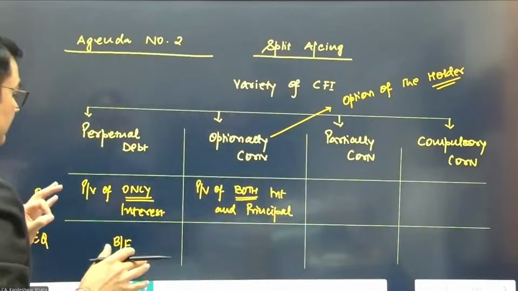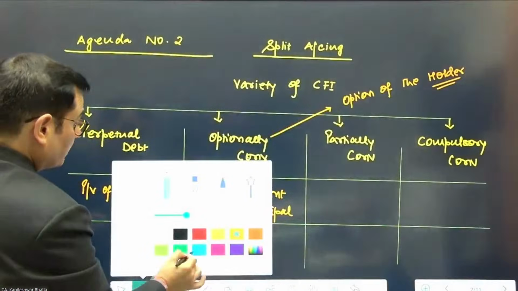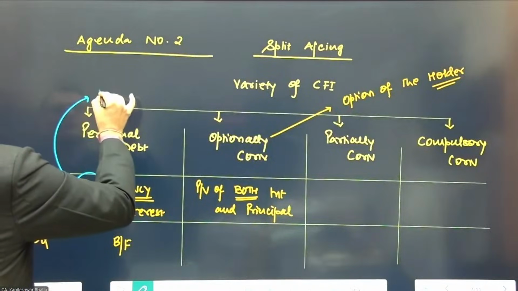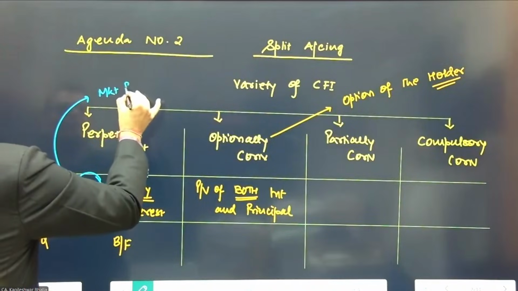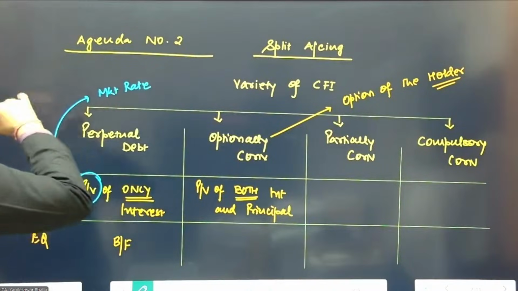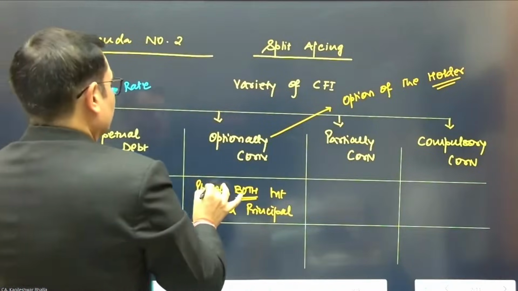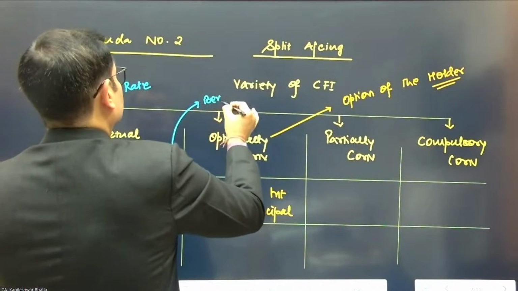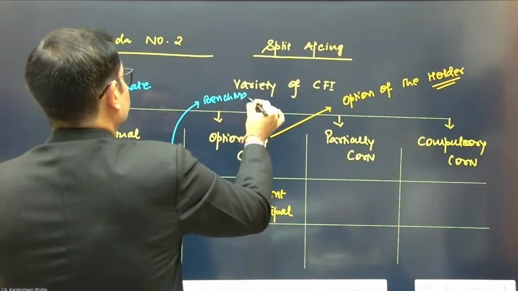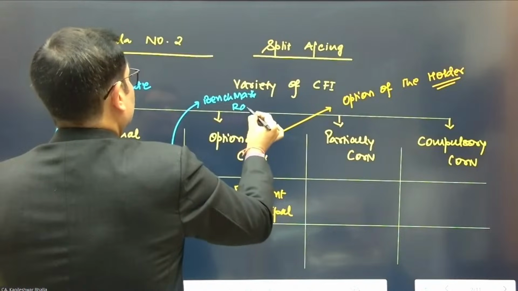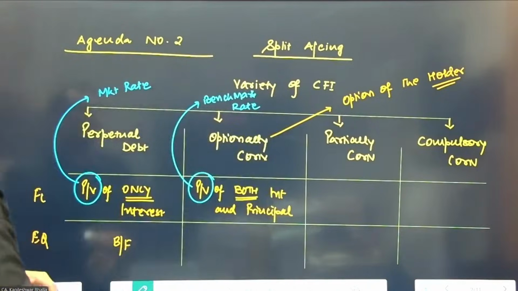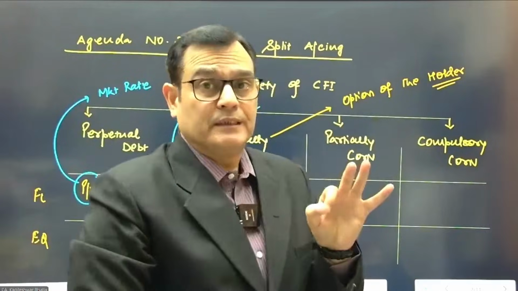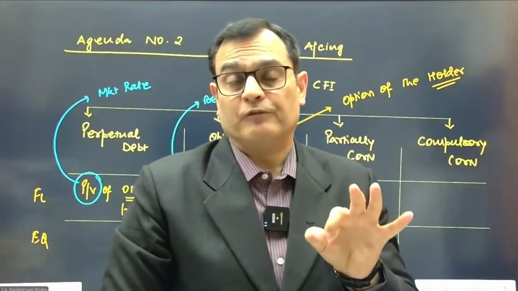So just to connect the dots, let me also tell you that in this case, when you take the present value, you consider the market rate which is commensurate to the risk profile of the issuer. This is what I called the benchmark rate. So you need to be very crystal clear, because before the exams, these kinds of mind maps are going to be very, very helpful.